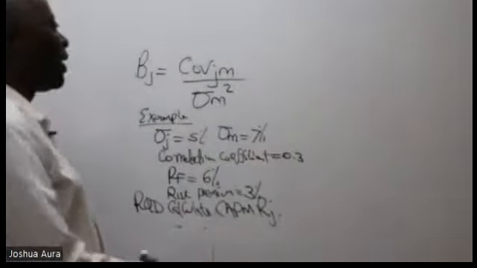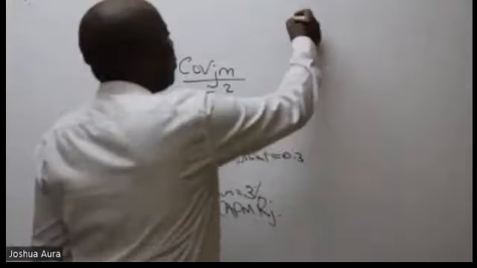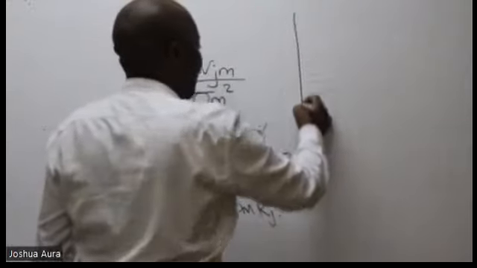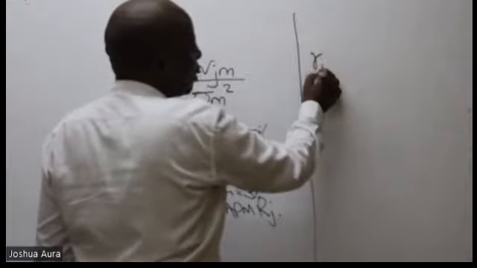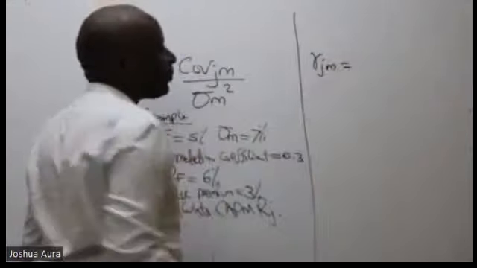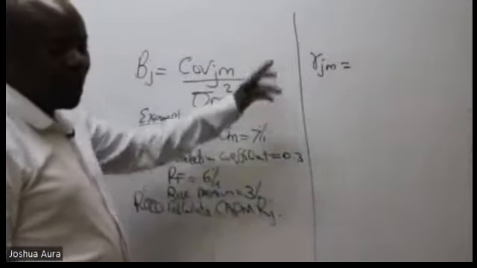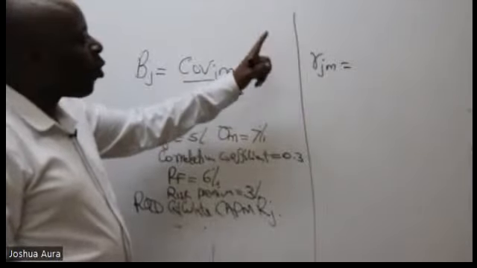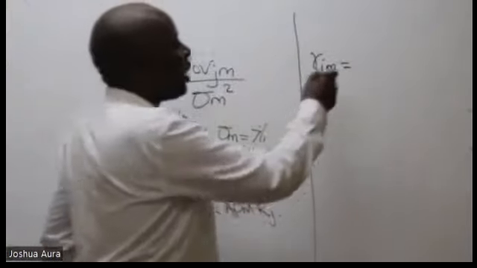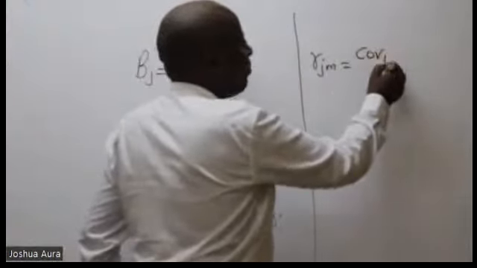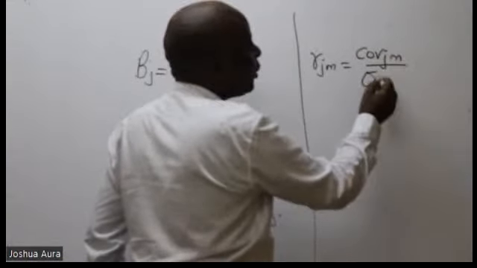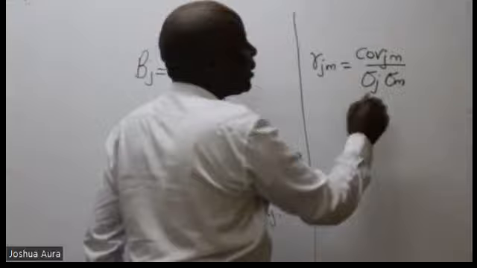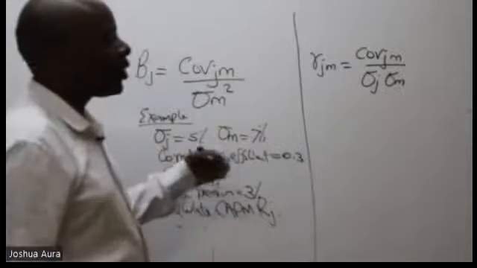Two ways. There are students who are telling me, you know what, Mwalimu, we know that there is a formula that connects to the correlation coefficient, R. When you want to get the correlation coefficient, you take the covariance between the two securities all over the multiple of their standard deviations.